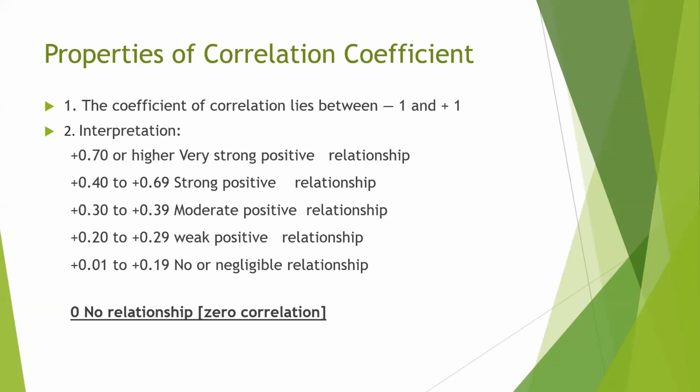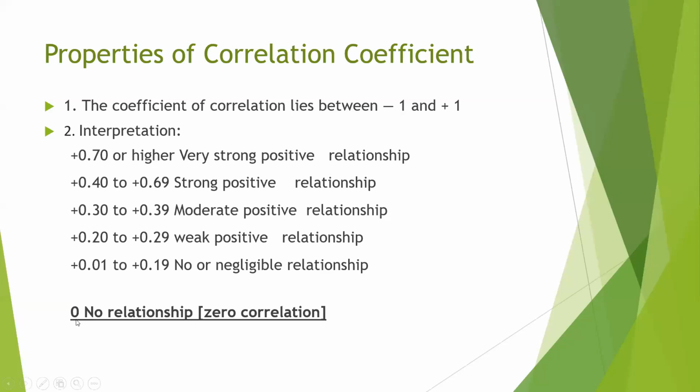When we get a correlation of 0.01 to 0.19, it is a negligible relationship. We do not recommend that, with such a small relationship between two variables, you try to find a cause-effect relationship or do regression analysis, though there are some other criteria we have to take into account in subsequent slides.